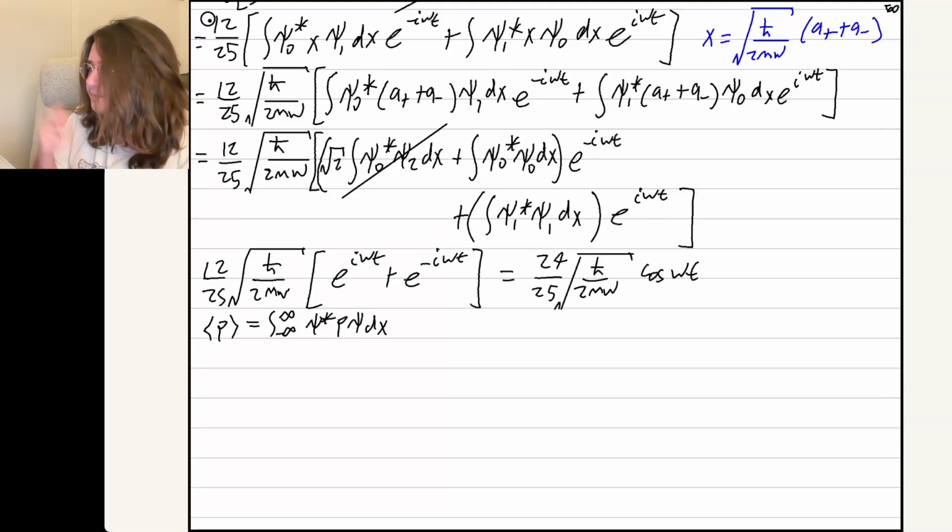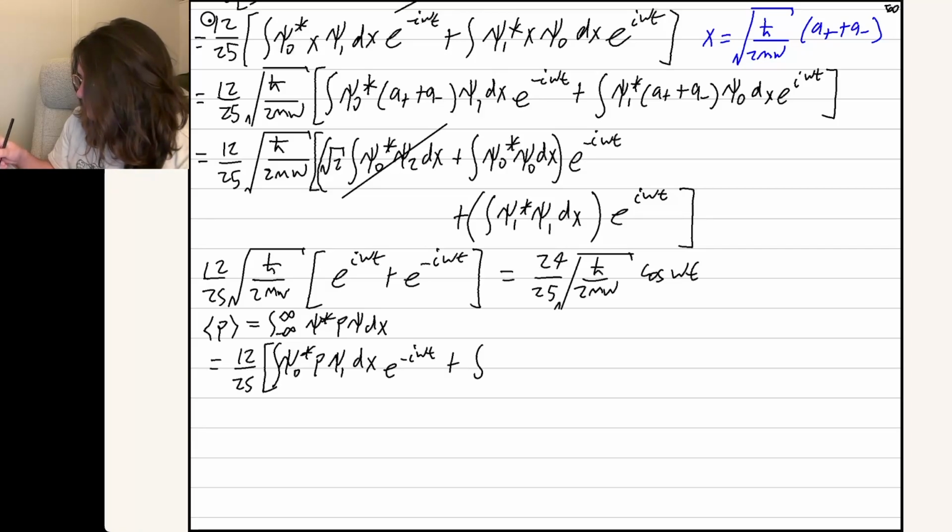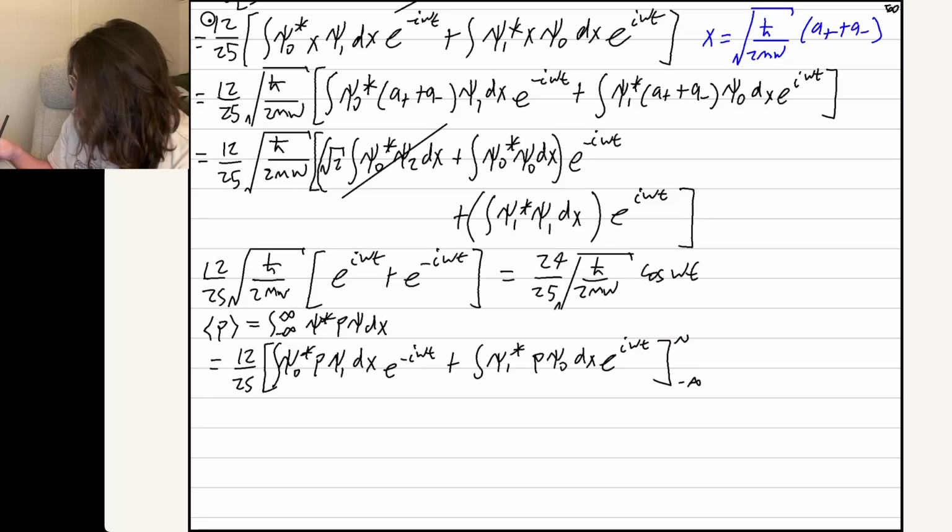Skipping ahead to the bit where I am just doing the cross terms, that's looking like 12 over 25 times the integral of psi 0 star p psi 1 dx e to the minus I omega t plus integral psi 1 star p psi 0 dx e to the plus I omega t from minus infinity to infinity.